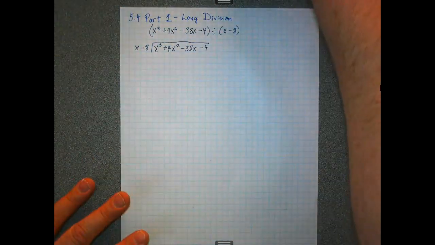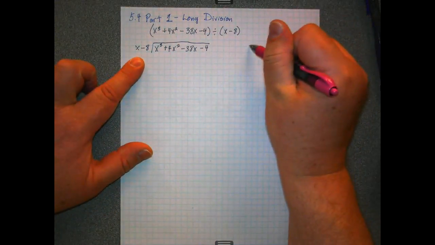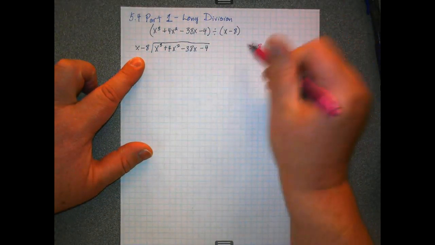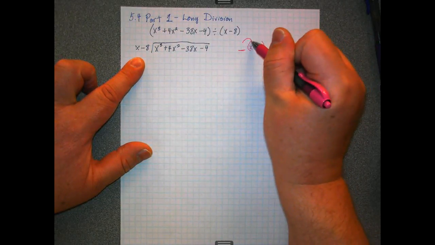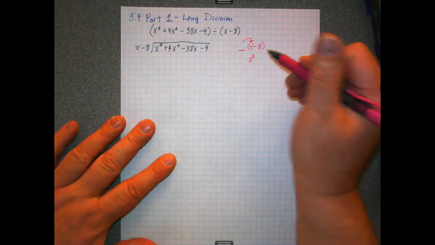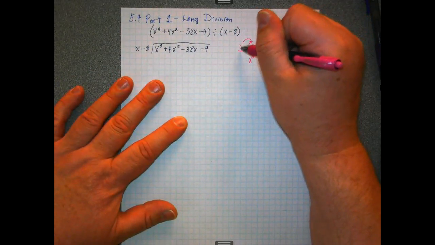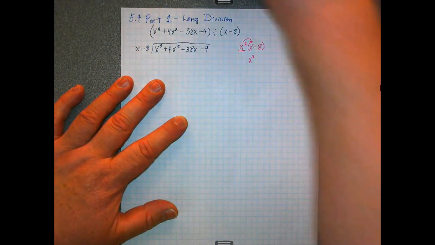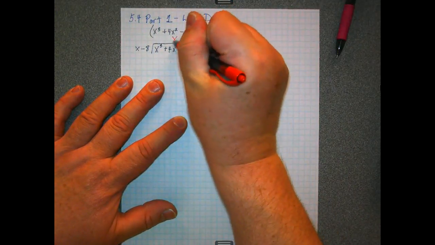All right, so we're going to start off with the divisor, x minus 8. We need to multiply that first x by something to get x cubed. Well, what am I going to multiply by? That's right, folks, x squared. So my first number is x squared.